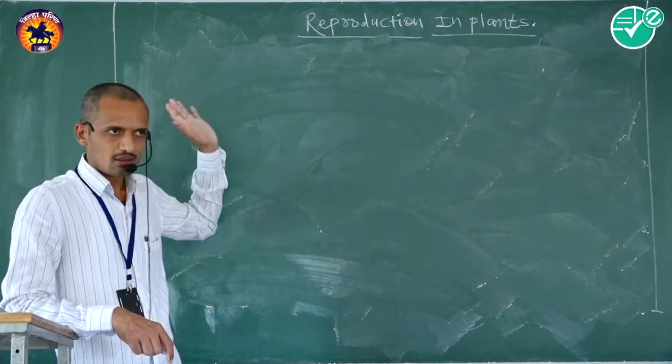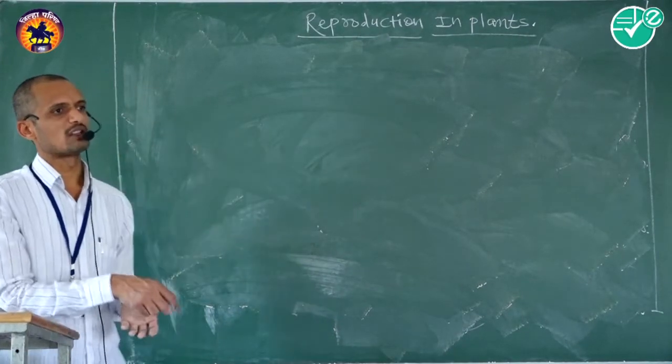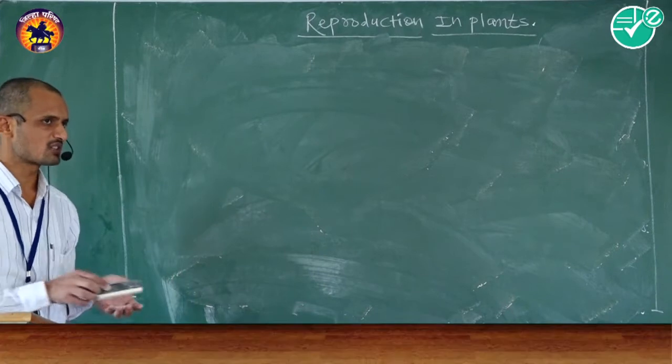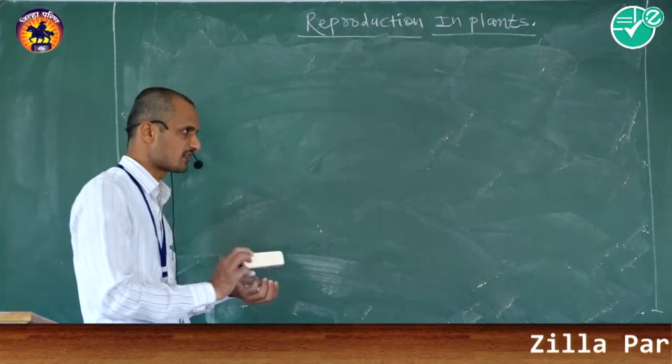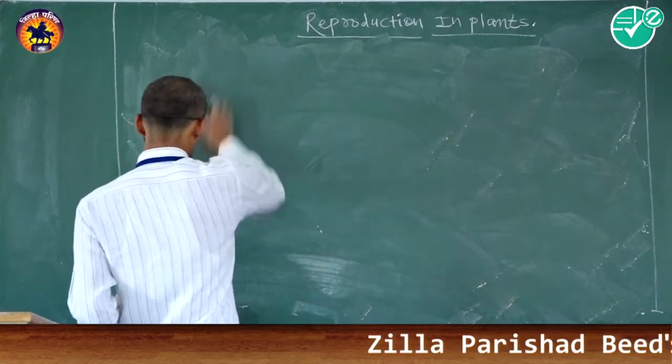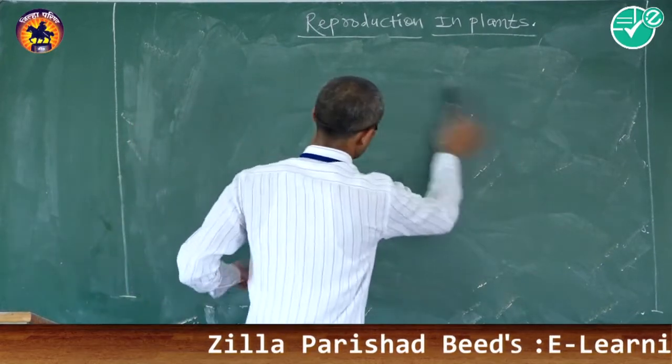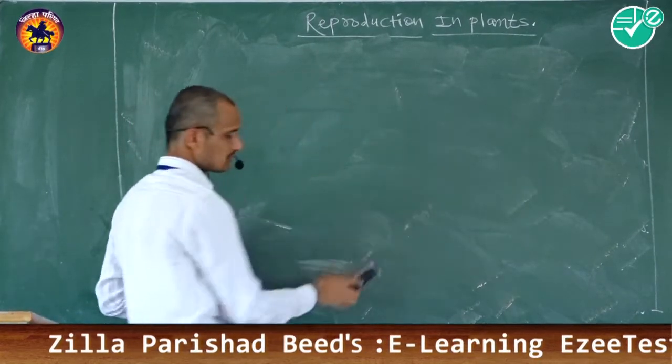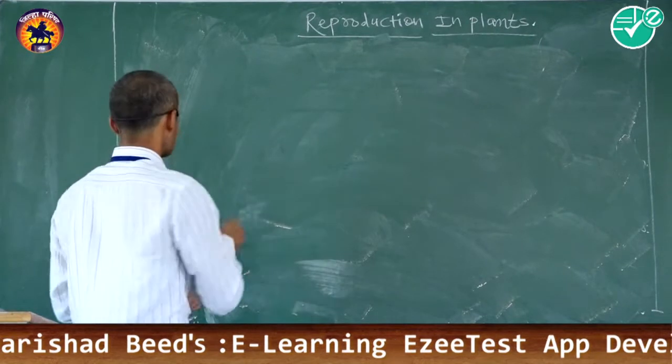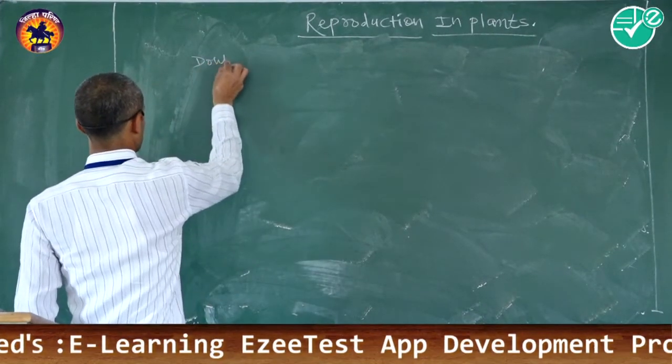That is the types of pollination, agencies of pollination, as well as advantages and disadvantages of pollination. And then reproduction in plants containing the last article, that is called double fertilization.